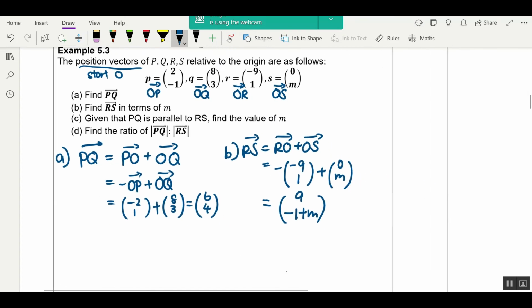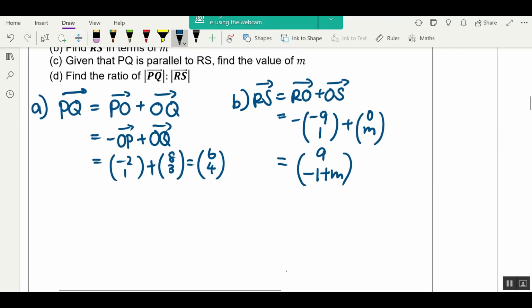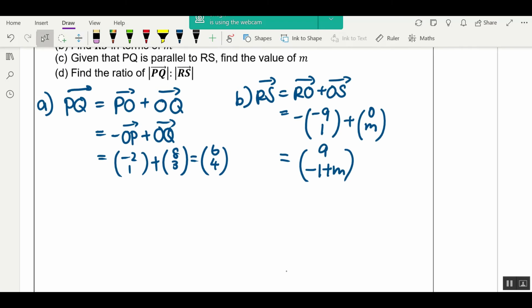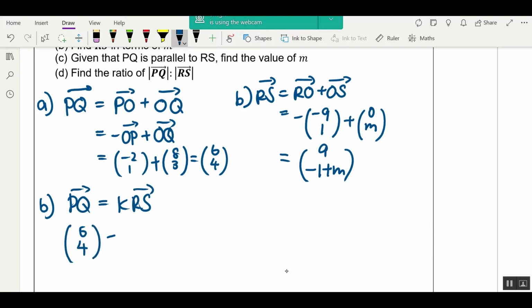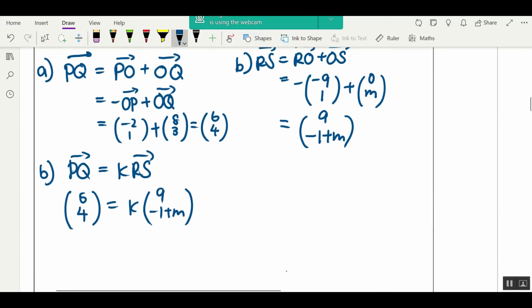Okay, now let's revise. If PQ is parallel to RS, what does this mean? This means that I have to insert a scalar multiple in front, k times RS. 6, 4 is equal to k times 9, negative 1 plus m. Now let's compare the x first, which means that 6 is equal to 9k, and k will be equal to 2 over 3.